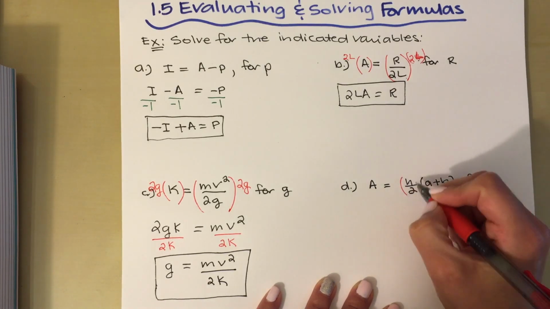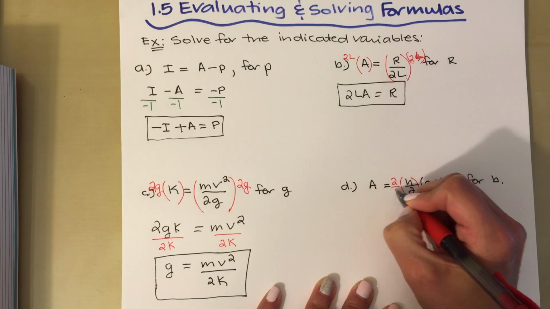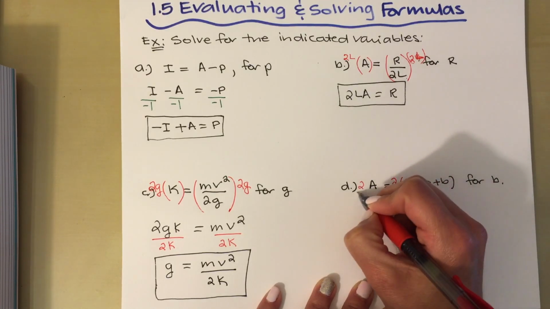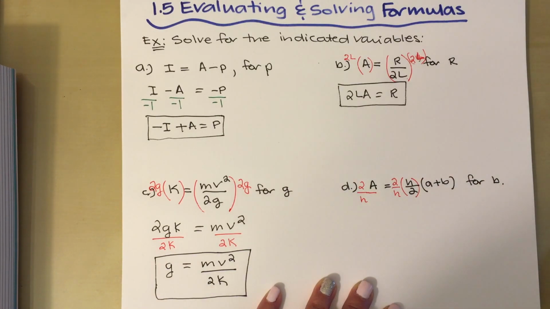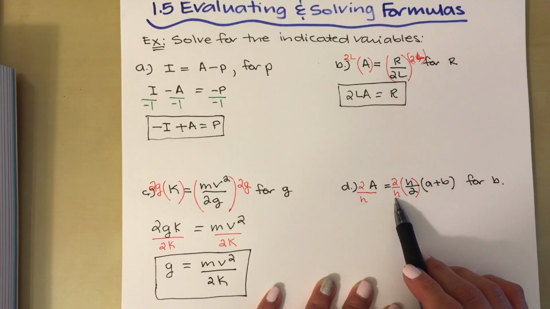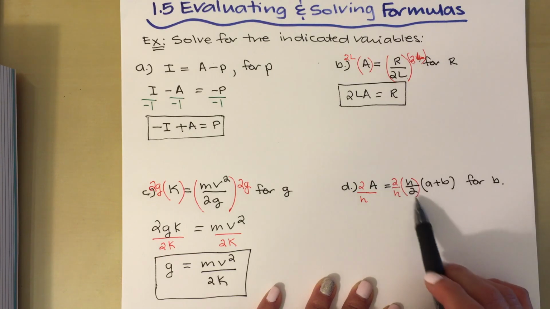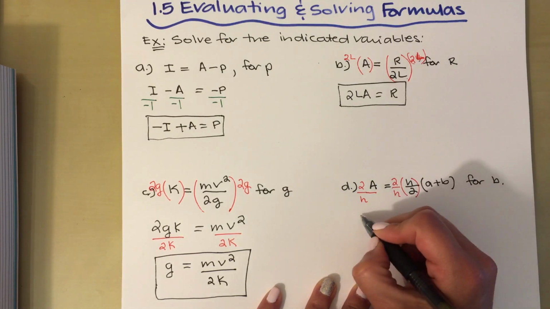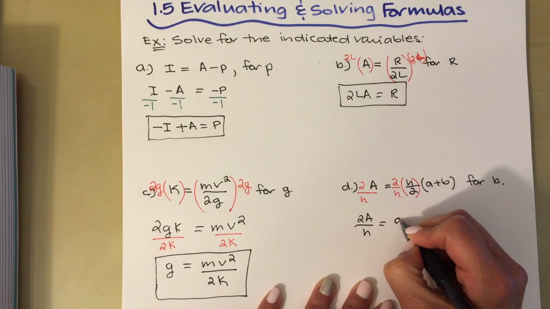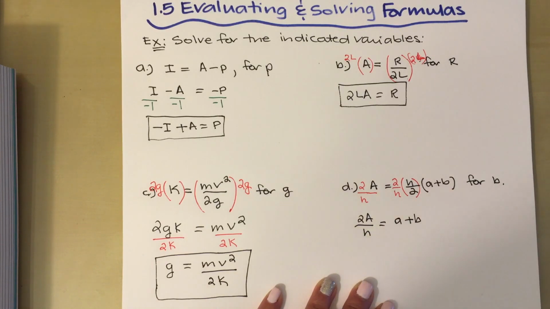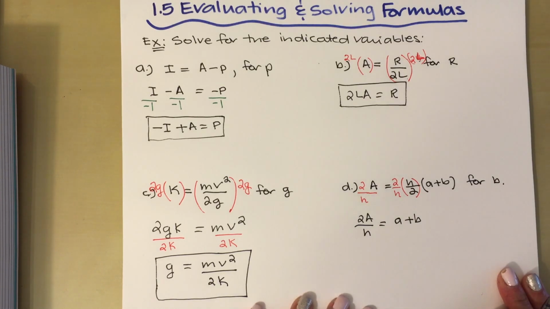So let's do that. 2 over h. Notice I can reduce h and h. 2 over 2. That's all going to be 1. Last step, subtract a from both sides.